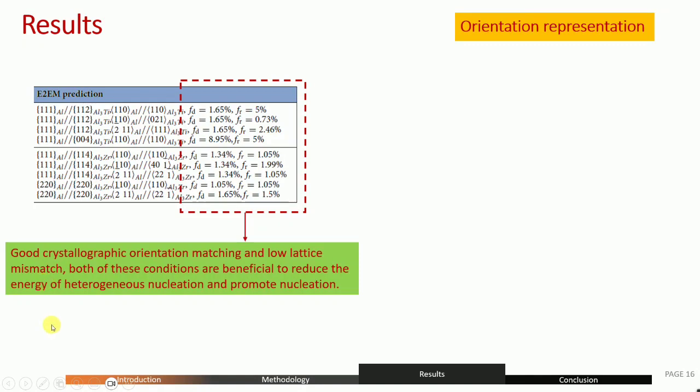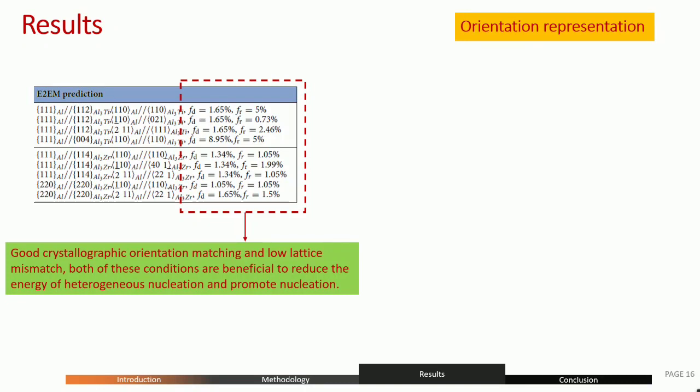So we can say that good crystallographic orientation matching and low lattice mismatch, both of these conditions are beneficial to reduce the energy of heterogeneous nucleation and promote nucleation. So we know that heterogeneous nucleation occurs when it gets a site where low energy is there. So here we are getting low energy. That's why it is acting as a heterogeneous nucleation site.